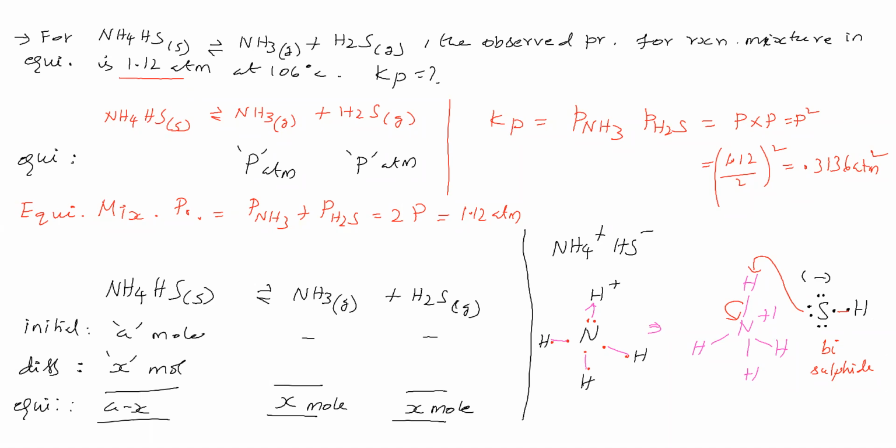Okay, let us go to the next sum. Some solid ammonium bisulfite is placed in a flask containing 0.5 atmosphere of ammonia.